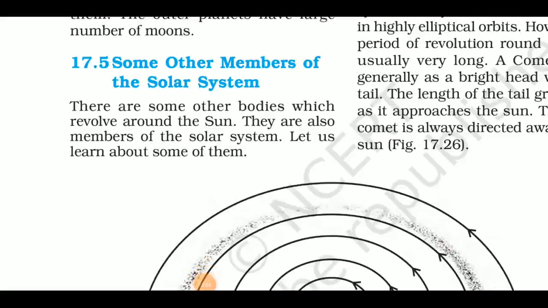I welcome you again with another new video lecture on stars and solar system. In this video, we will be learning some other members of the solar system. So, the solar system does not only consist of the 8 planets, but there are also other members of the solar system.